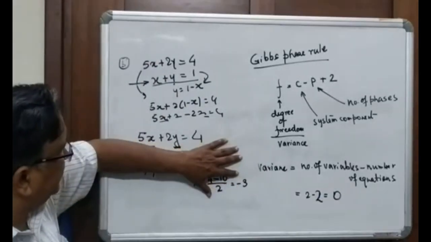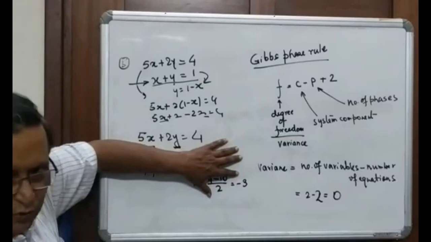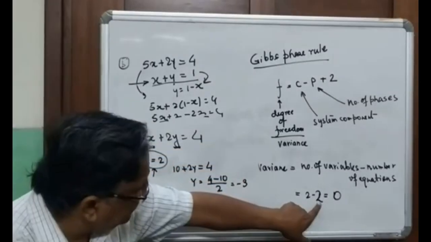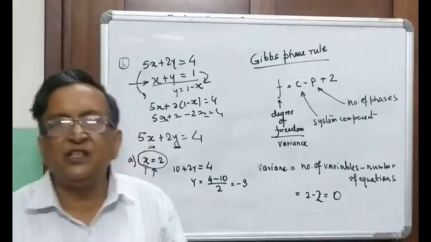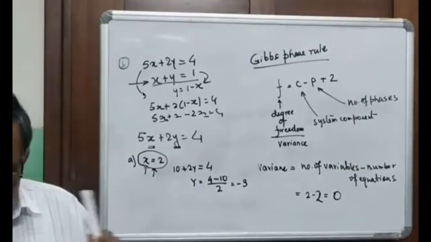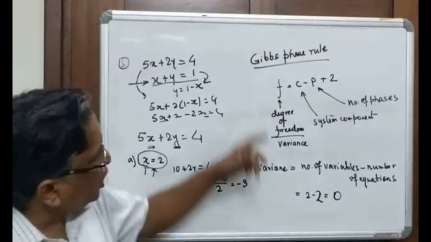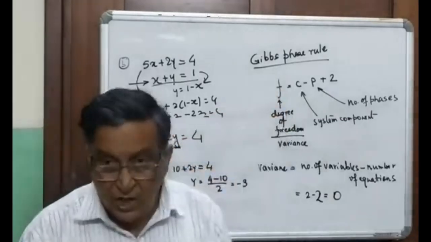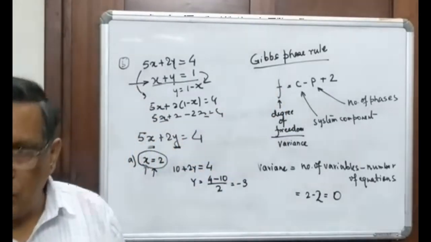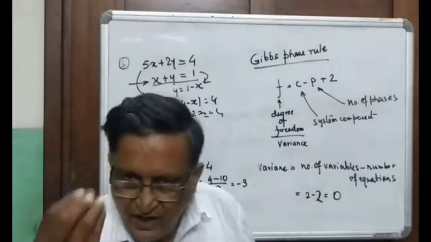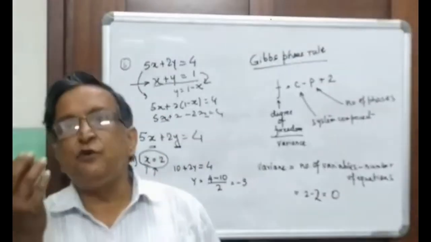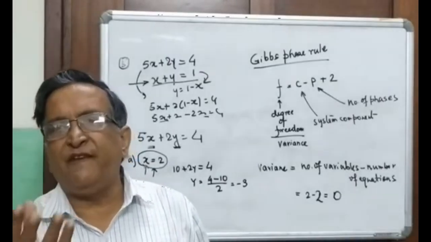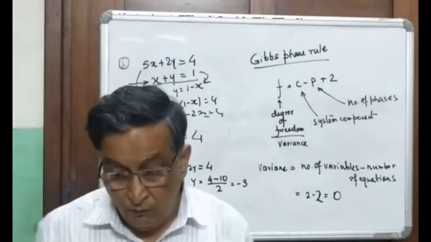And if I had given you this only, 5x plus 2y is equal to 4, the number of equations would have been 1 and your variance would have been 1. That's the important point. When I talk of degree of variance, I'm trying to find out the metamorphic variables.